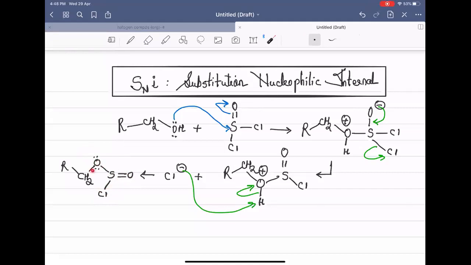Now this bond here is almost like, you know, half broken, half formed, and is quite ionic in nature. So I can show that this is partially negative, and this is partially positive, or full positive and full negative also you can write.